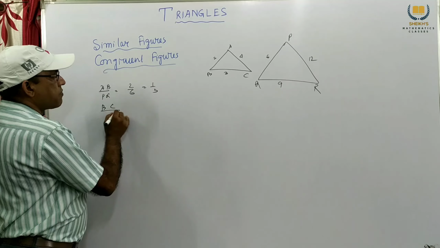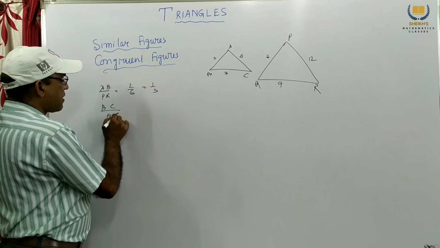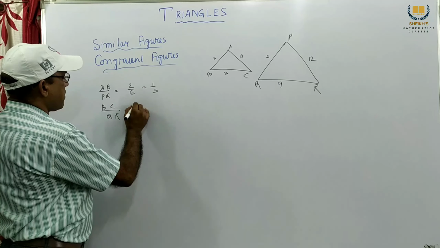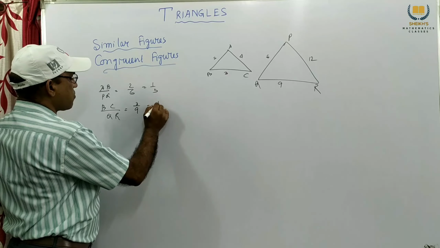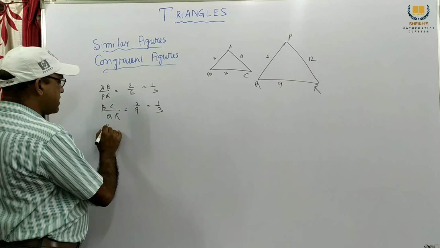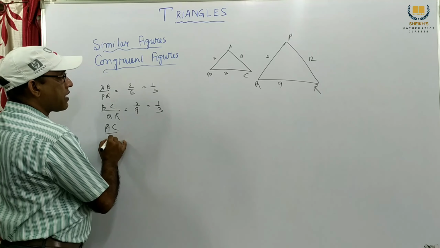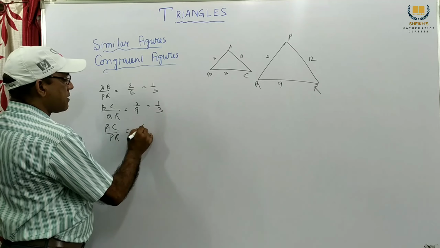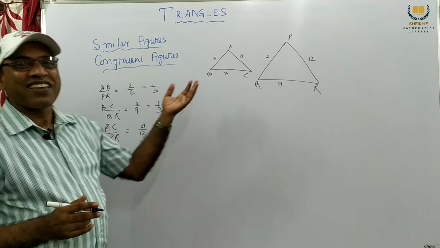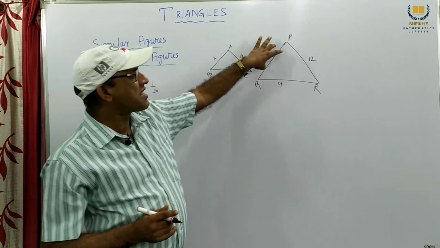BC by QR, this is 3 by 9, this is 1 by 3. And AC by PR, this is 4 by 12, 1 by 3. So what we get? Their ratios are same.